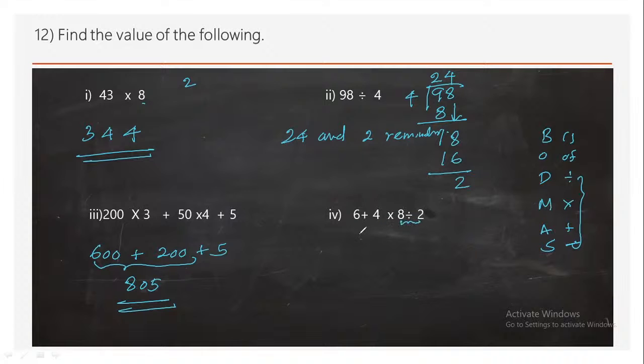So, first write 6 plus 4 into 8 divided by 2, that is 4. Now next multiplication, 6 plus 4 times 4, 16. 6 plus 16, how much here? 12, 1 remaining, that is 22. 6 plus 16, that is 22.